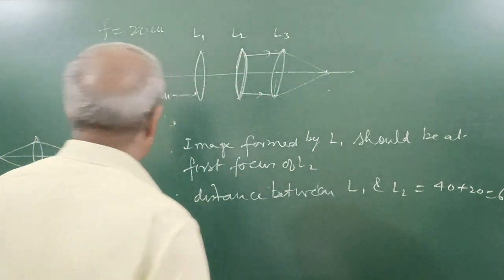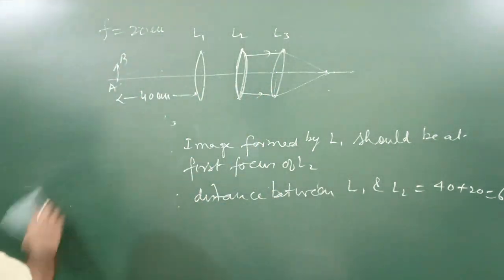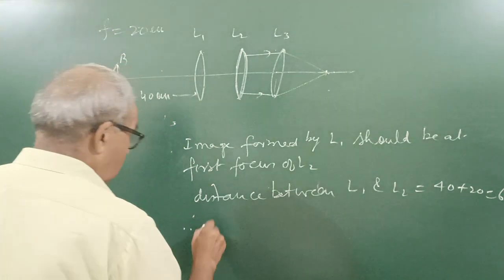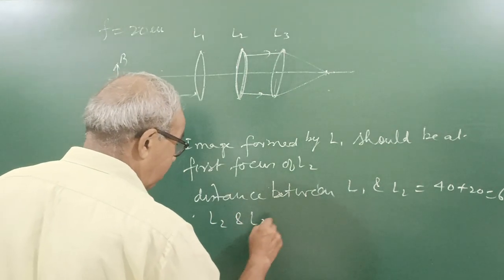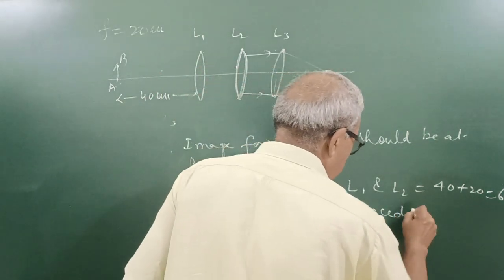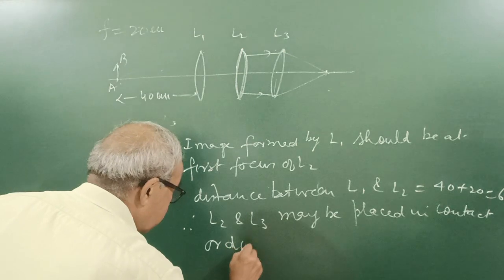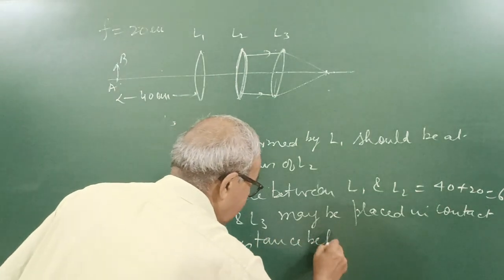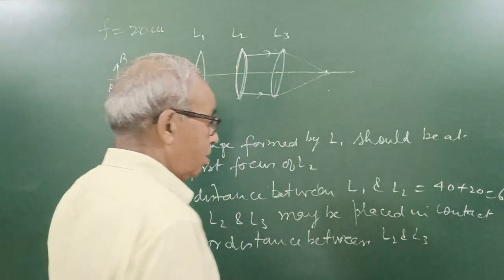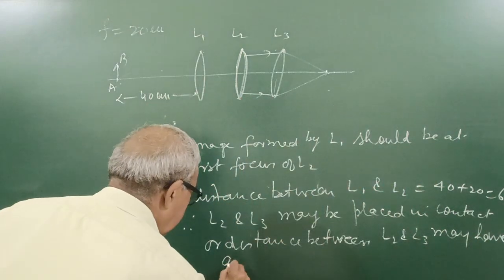Now for L3, the image from L2 will be at infinity, means the rays are going parallel, and hence L2 and L3 may be placed in contact or the distance between L2 and L3 may have any value. Any value.